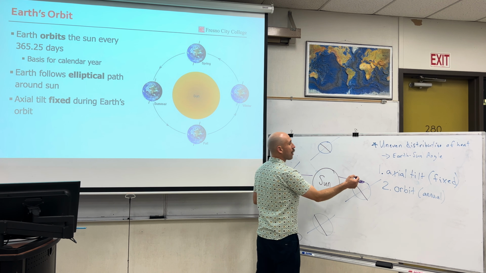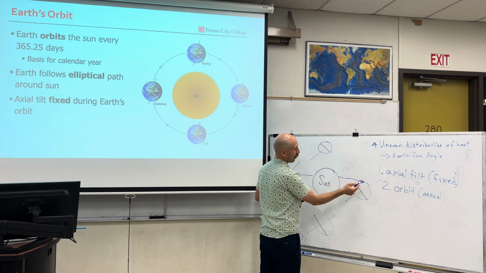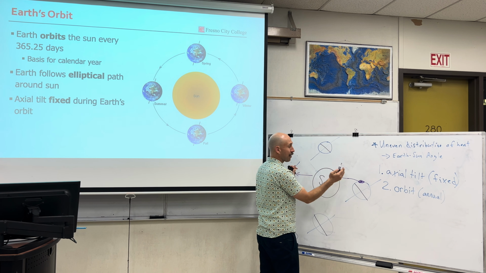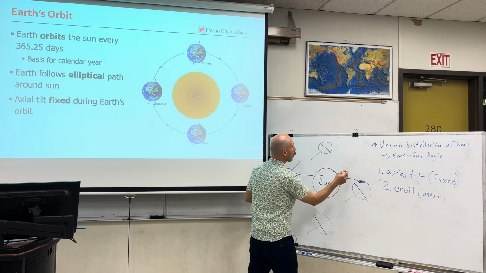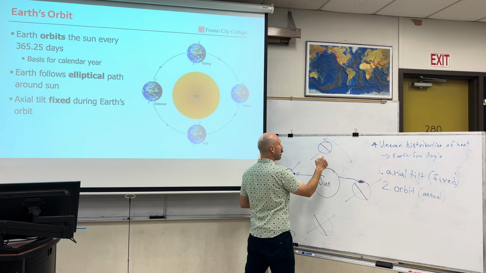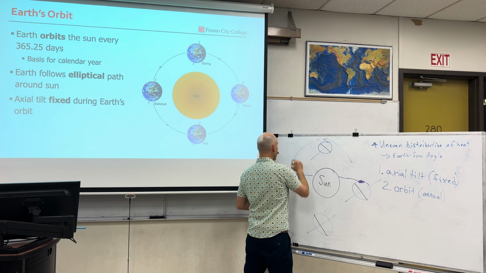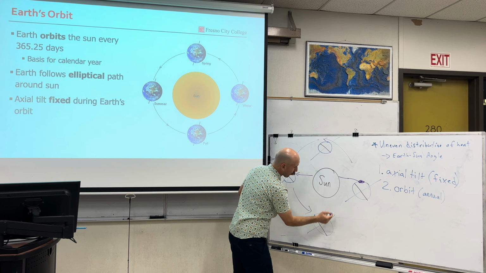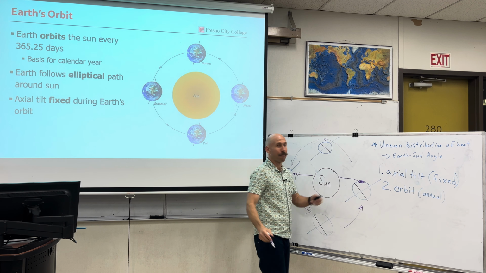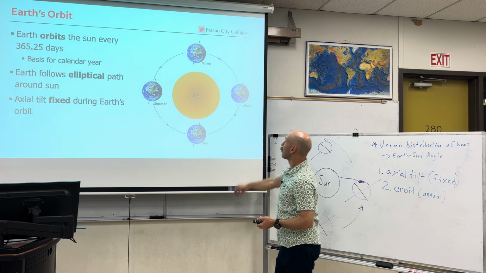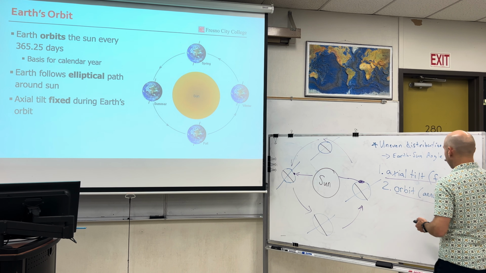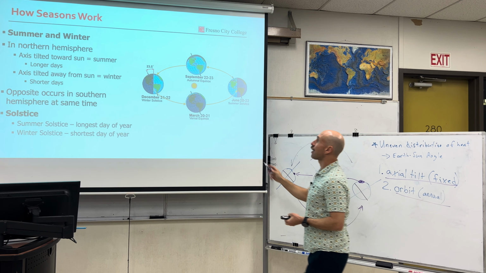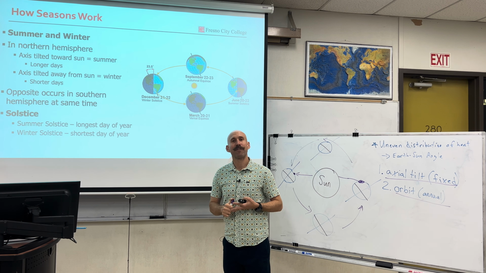So we move from the shortest day of the year, because this also changes the amount of daylight, where it's the coolest, through an even 12 hours to the longest day, and through another even day back to the shortest day. So axial tilt being fixed, annual orbit, gives us seasonal variability.